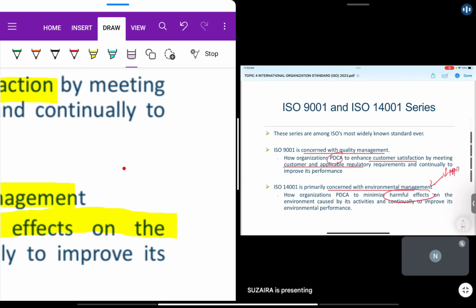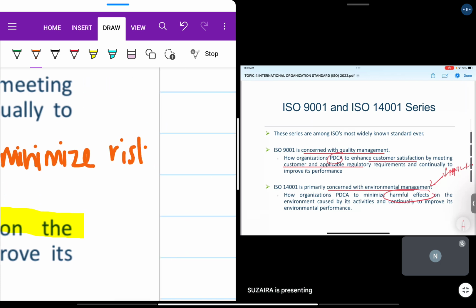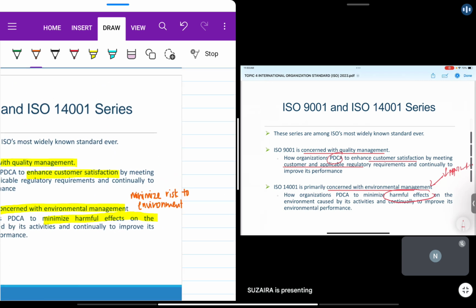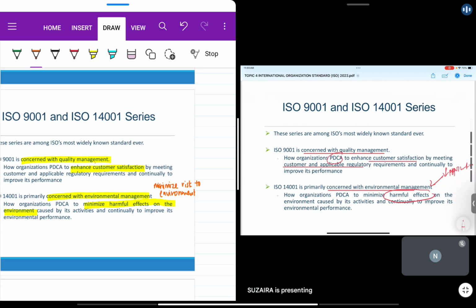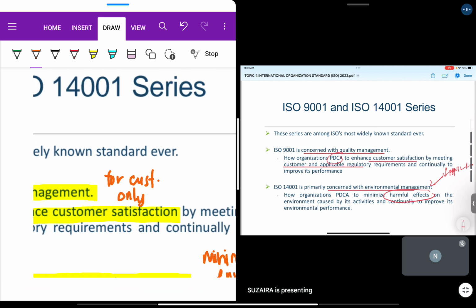It means how we can limit the release of gases like carbon monoxide. For example, how we do the 3R recycling process, or how we can segregate plastic, paper, and metal effectively. So it is more towards how we manage the environmental system.